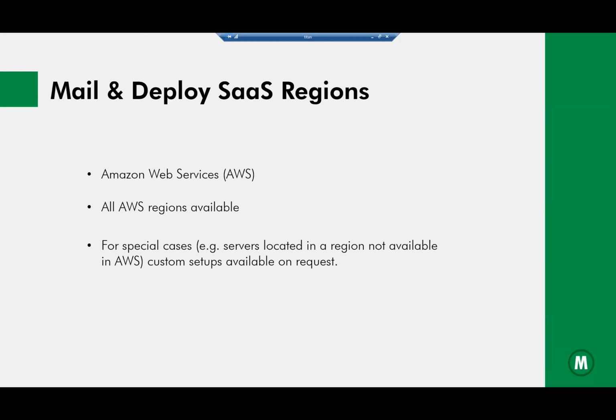That is especially for cases where, for instance, for legal requirements, you need to have the server in the same country as you or your customer are located. And if AWS doesn't have a data center in that country, it's still possible to fire up a SaaS instance and work with Mail and Deploy.